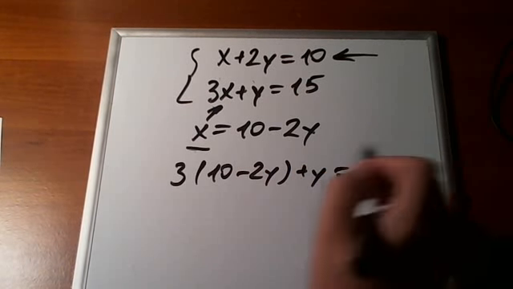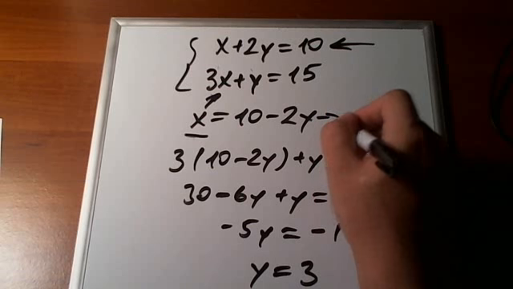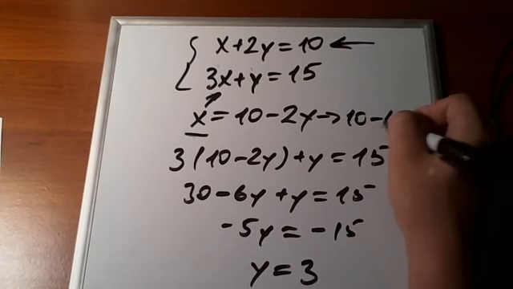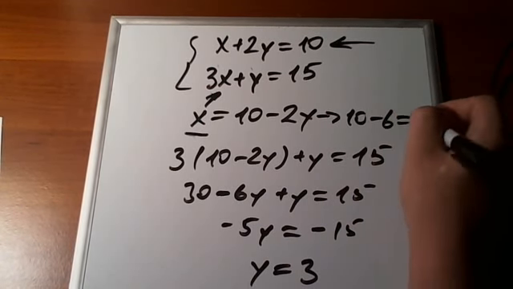Boom. Now, we'll go back to this linear equation. We plug in y, which is equal to 3, and we'll have 10 minus 2 times 3, which is 6, is equal to 4. So x is equal to 4.